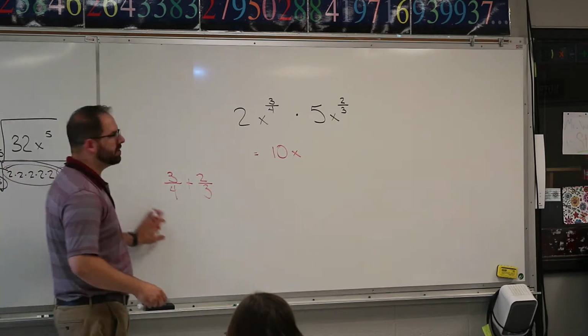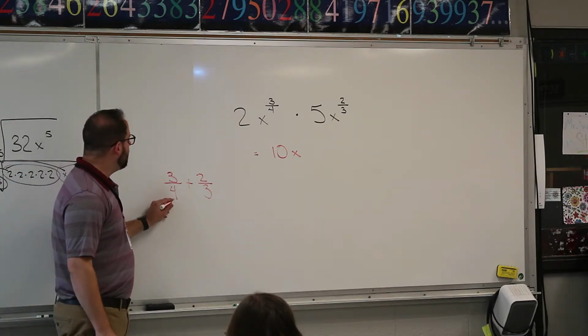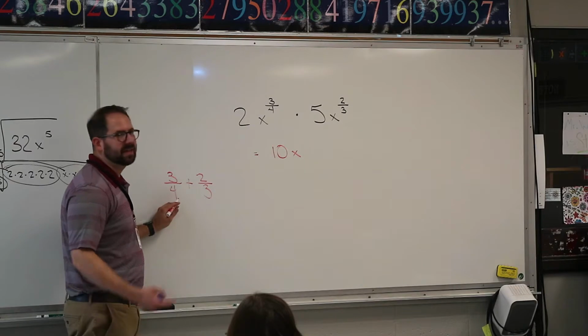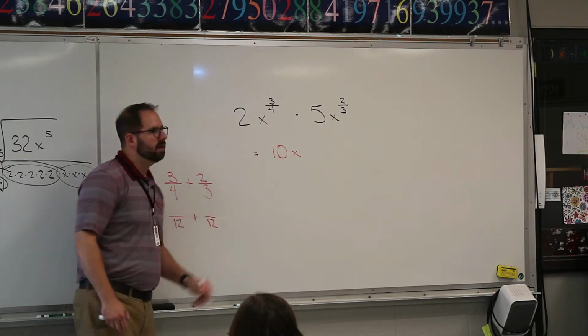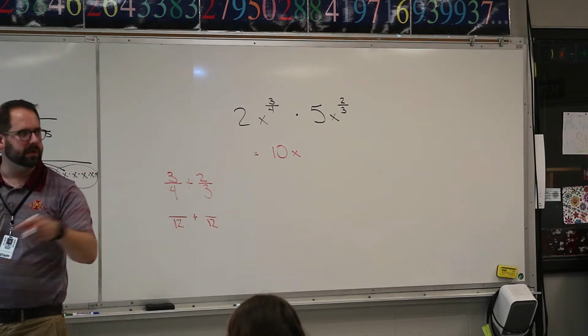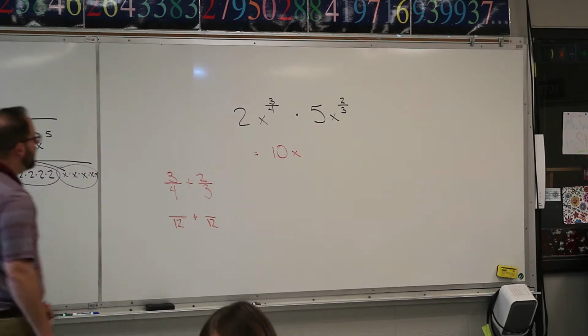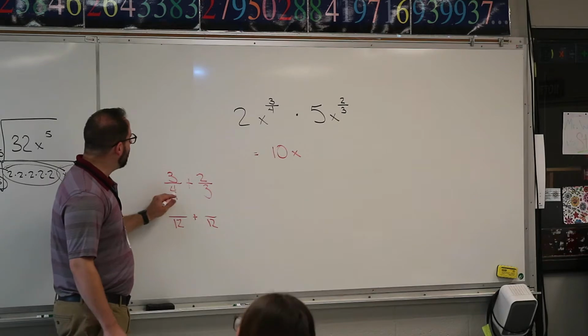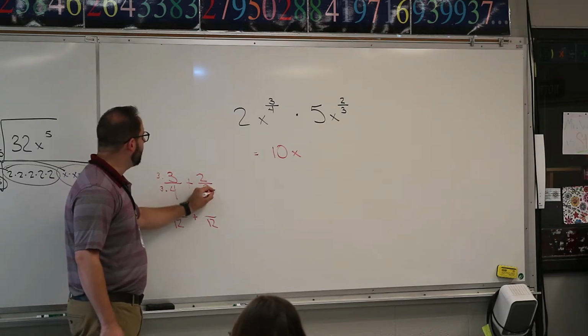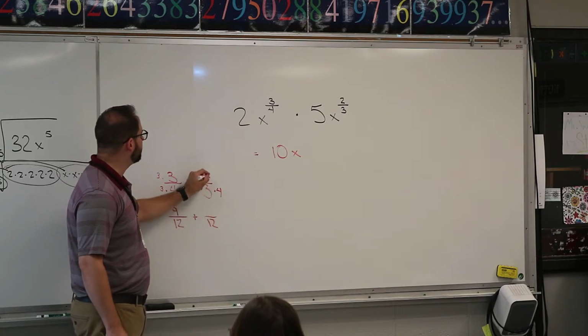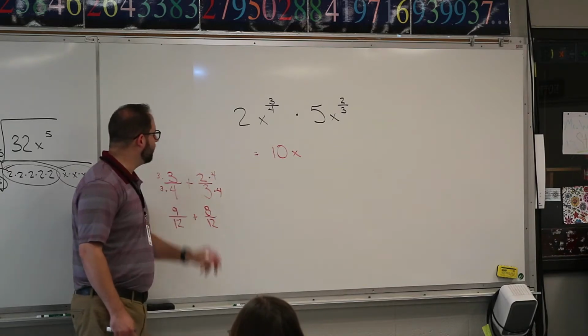Because when you add fractions, something you did back in general math days, you have to get the same denominator, so I have to make these both 12s. 12 is the common multiple that 4 and 3 both go into. This one I had to multiply by 3, so I take the top times 3, I get 9. This one over here I had to multiply by 4 to make it a 12, so I take the top times 4. So here's what I'm adding.